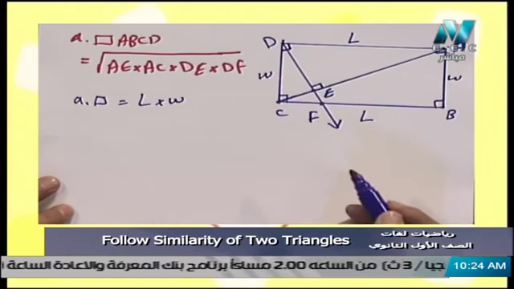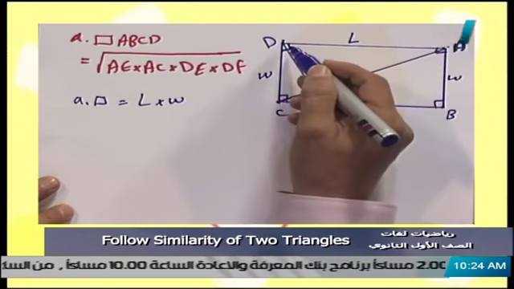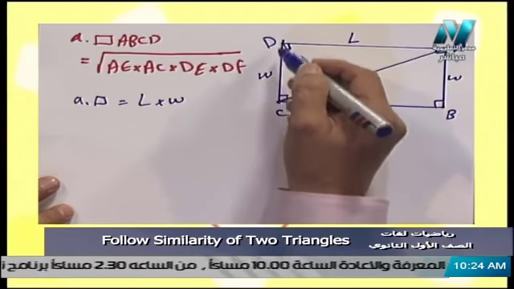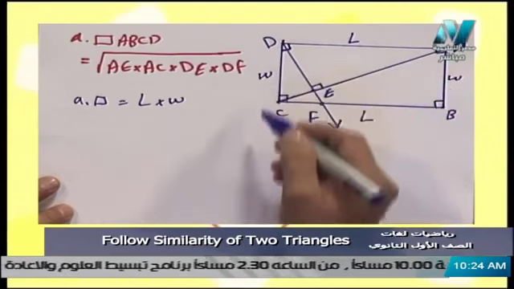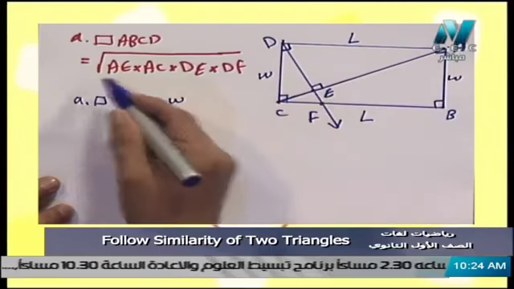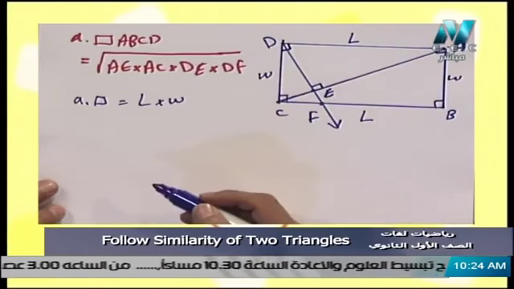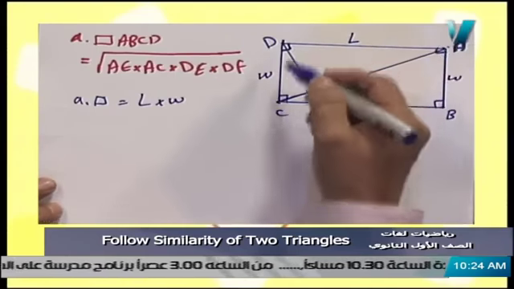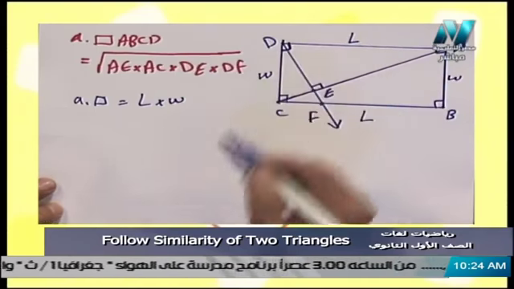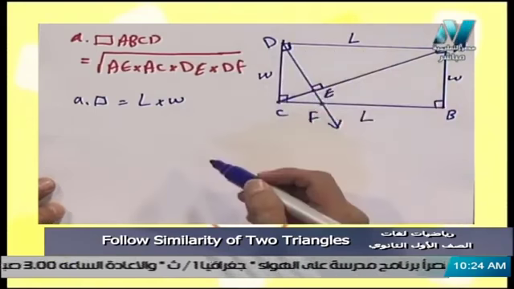So we will try to find length and width and multiply them in terms of these sides. In triangle ADC, we notice that D is a right angle and DE is perpendicular.